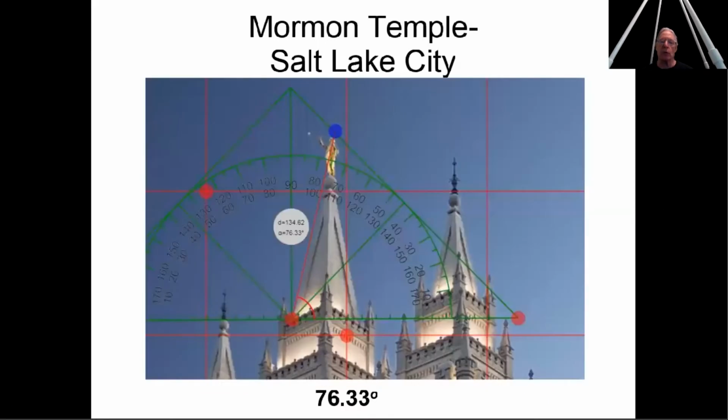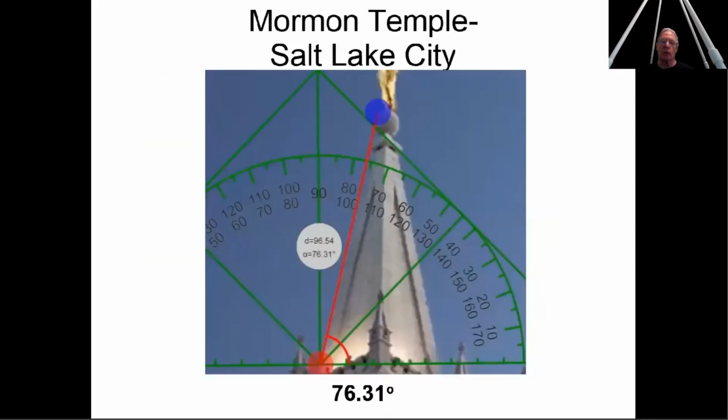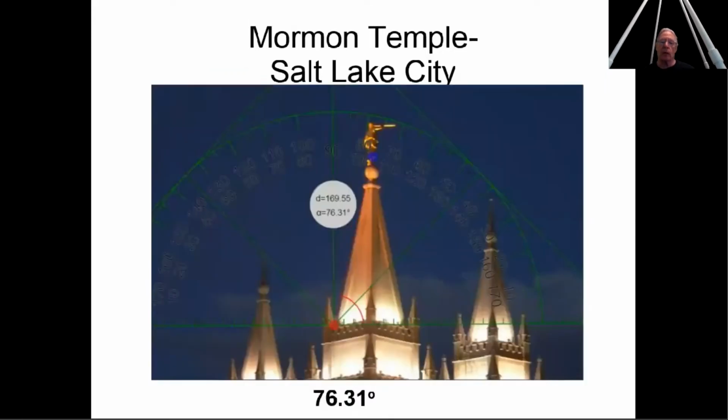Here's another picture of that spire as well, measuring 76.33 degrees. Another one at 76.31. And here's another different angle, a little bit more nighttime view, 76.31 degrees. And you can see the lights are beginning to come on.